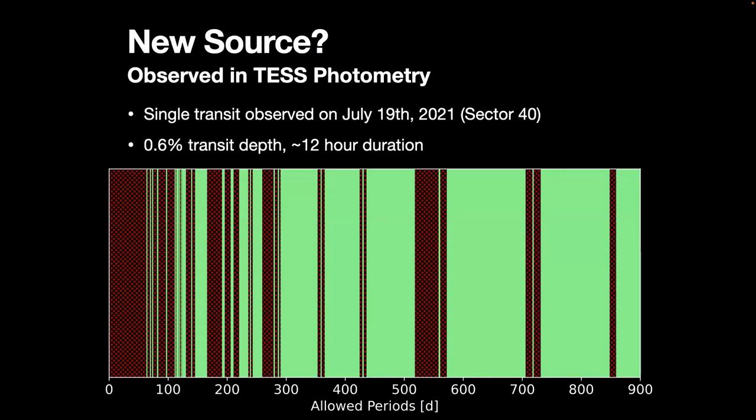So all the green area here are the allowed regions in period space of what type of orbiting body, assuming it's periodic, could possibly be the source of this transit. So anything in the neighborhood of order hundreds of days, or of course beyond the baseline of TESS at around 3 years, you just can't really rule out. But we did give a quick stab at seeing what sort of space we could rule out here.